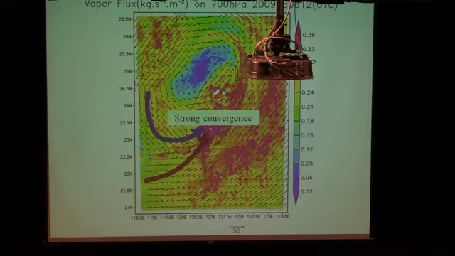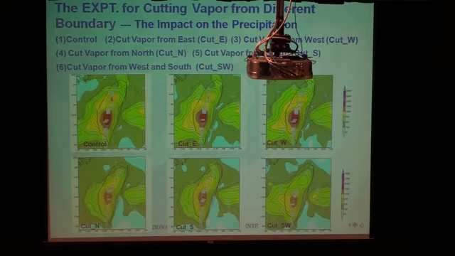I'm not sure how they did this, but they ran the control model, which is this one, and then they cut the water vapor from the east, and that didn't have much effect on the precipitation maximum. They cut the water vapor from the west, that didn't have much of an effect, and they cut it from the north and from the south.